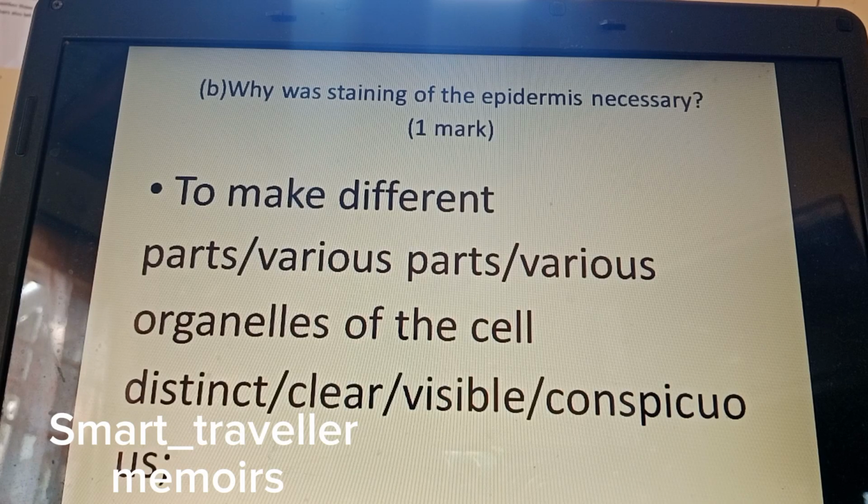So here you may say to make different parts distinct, to make various parts distinct, to make various organelles of the cell distinct, or to make different parts clear, or make different parts visible, or make different parts conspicuous. Any of those was accepted.